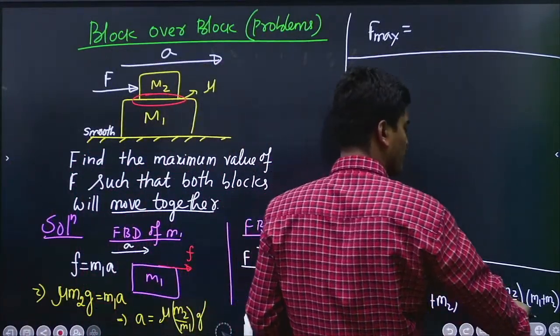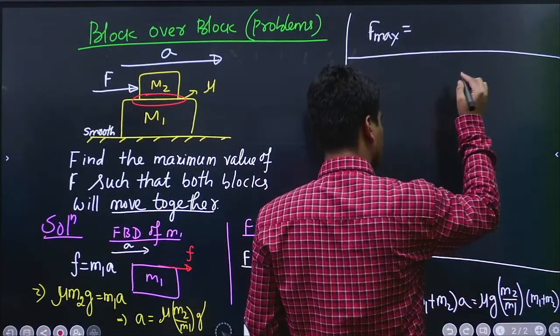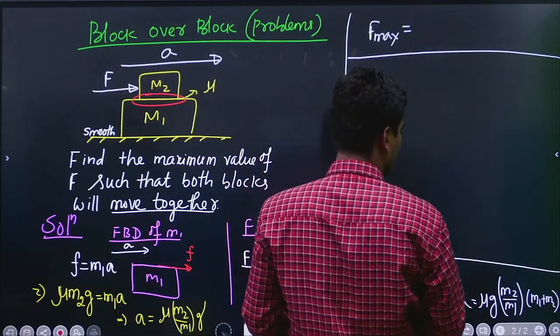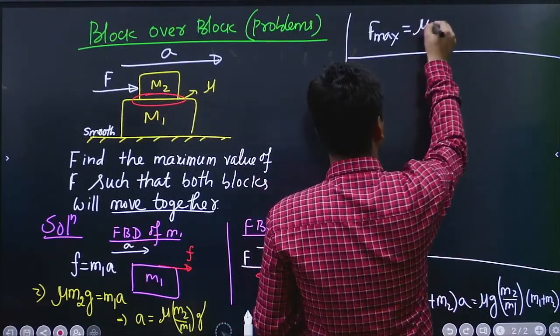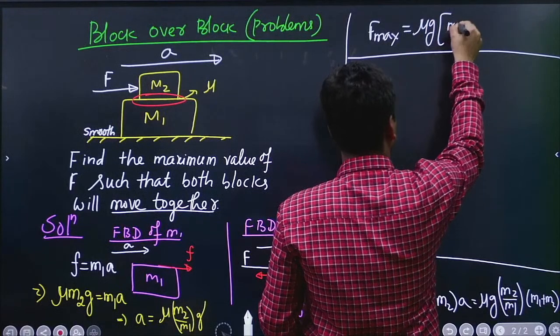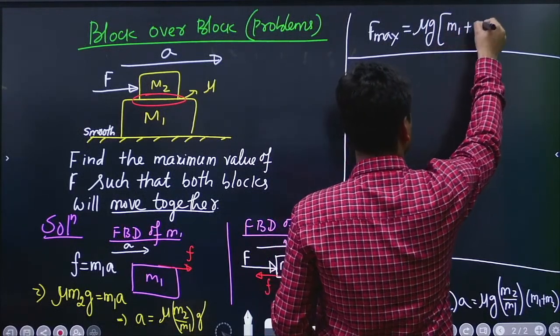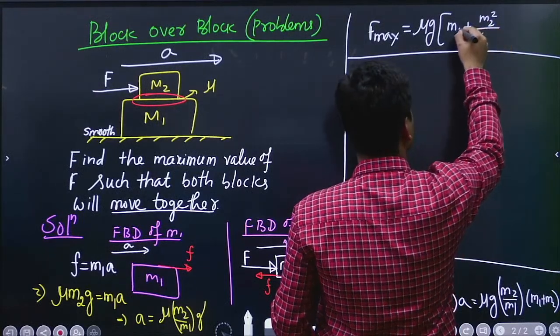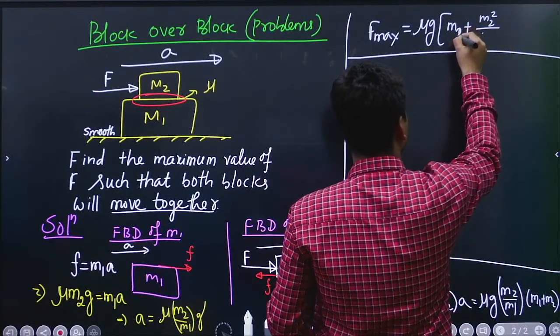Now here you can take M2 inside also, no risk. Yes or no? Or you can multiply by M2 by M1. If M2 by M1 is multiplied, how much will we get? Mu G will be there. It will be M1 plus M2 square by M1 will cancel. It is M2.